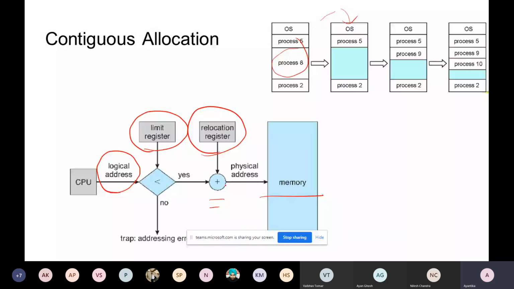That relocation register gives you the idea from where in your main memory the allocation will start, and then that logical memory will get a mapping in your main memory.